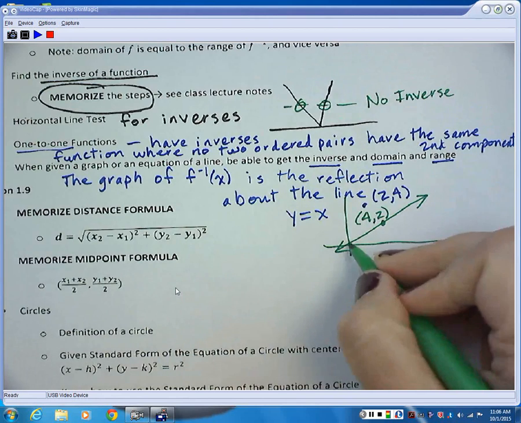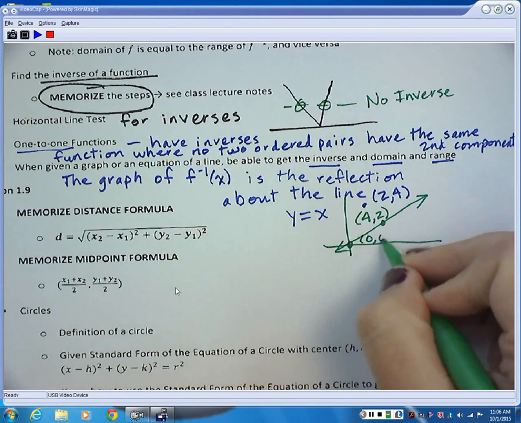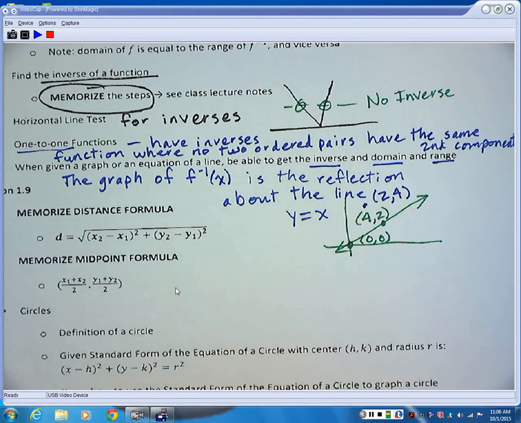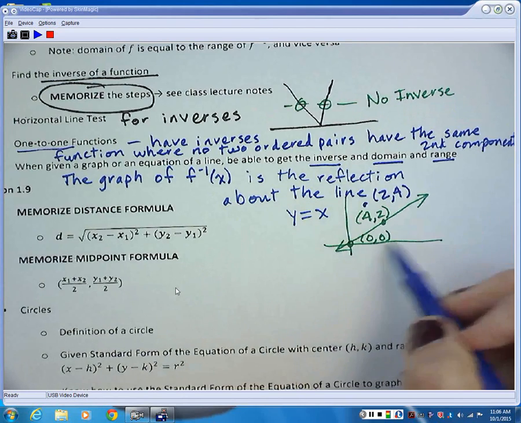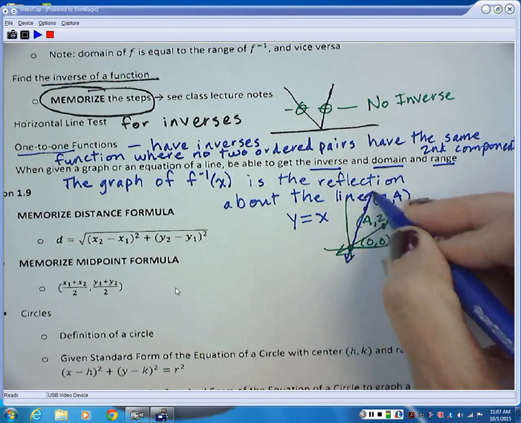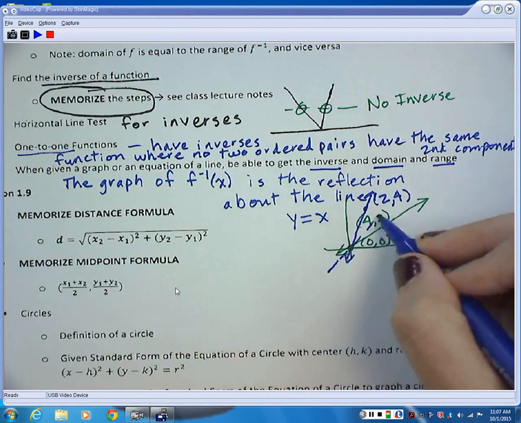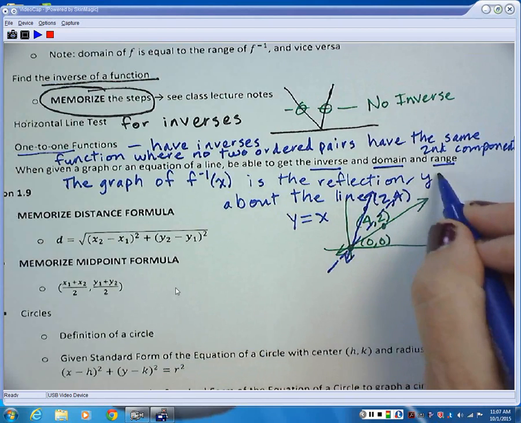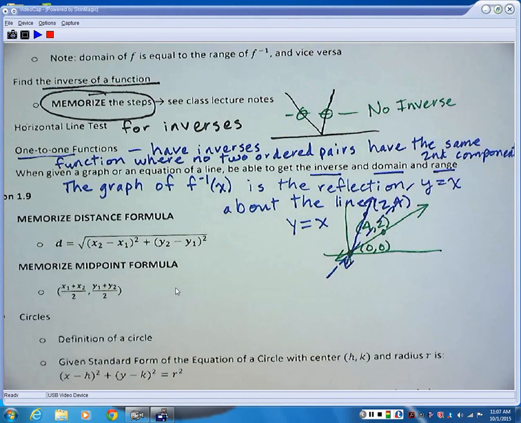If this goes through 0, 0, then this little picture I made, you switch the 0 and the 0 around, then these must be inverses. Here's the line y equals x. So the easiest way to graph the inverse is to recognize points. Note points on the original function, switch the points, and connect the dots to make a line.